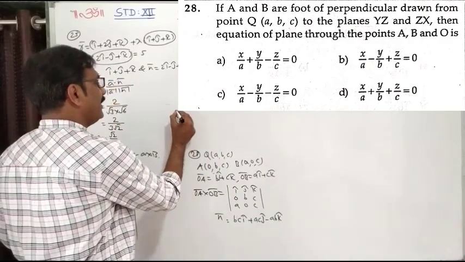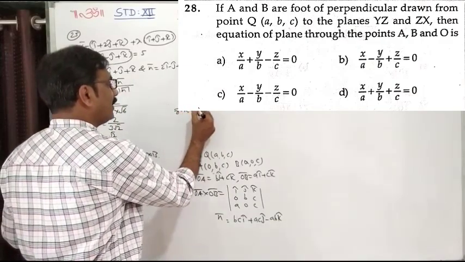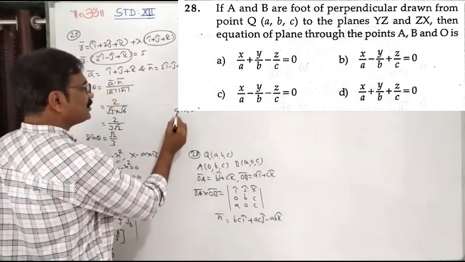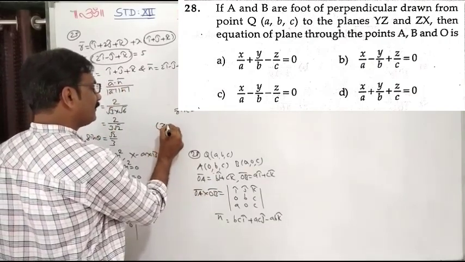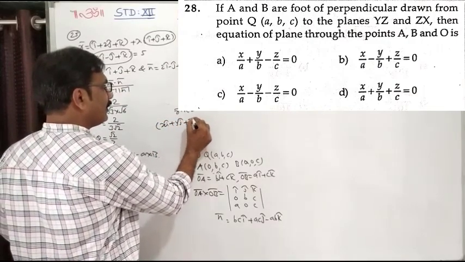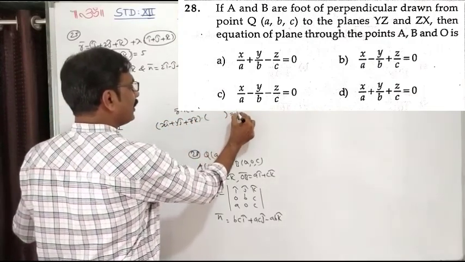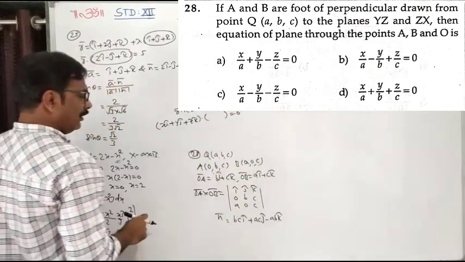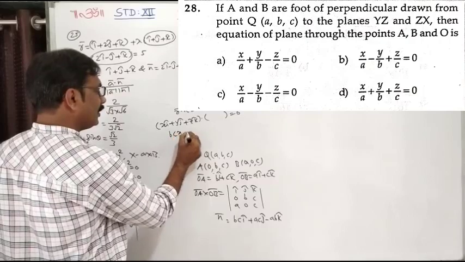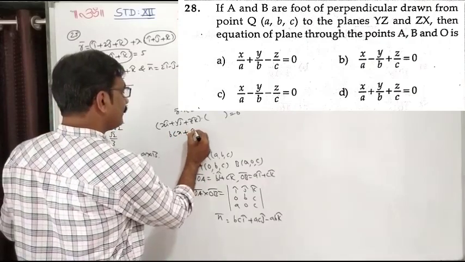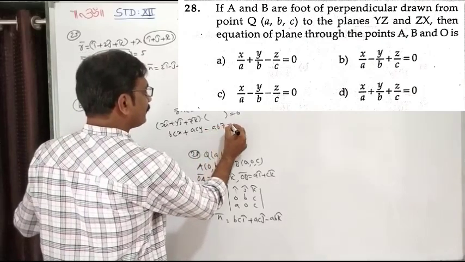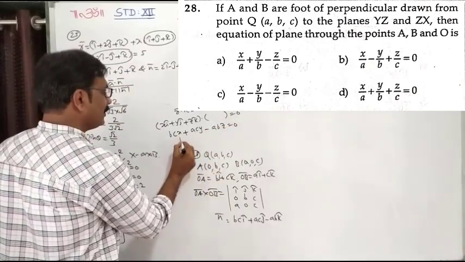So equation of plane is r bar dot n bar equal to 0 because it is passing through origin. So r bar is xi plus yj plus zk, with this as n bar. So xbc plus acy minus abz equal to 0.